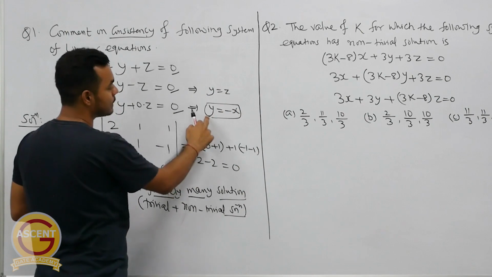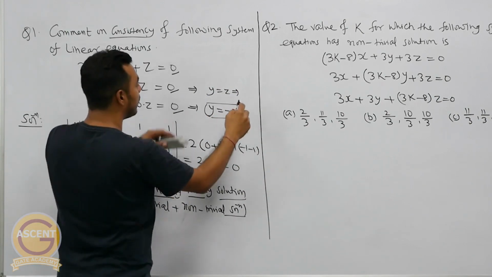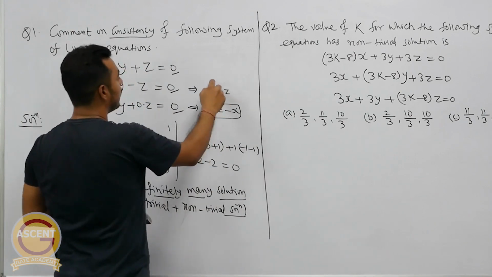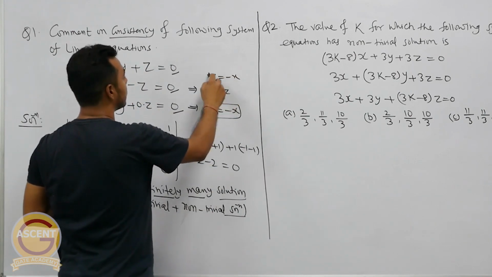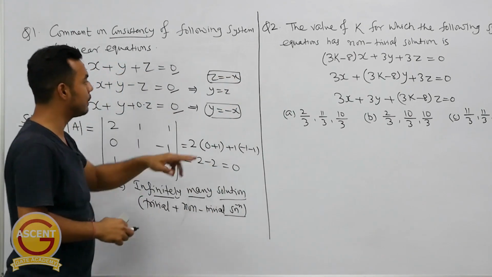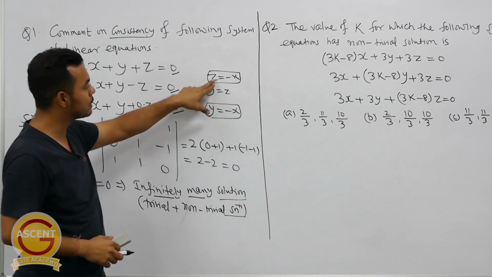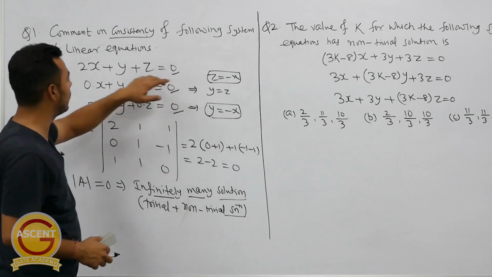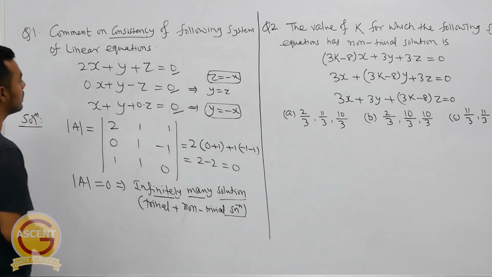And y is nothing but minus x, so z is also equal to minus x. If I place these 2 values in the first equation, it will satisfy it also.